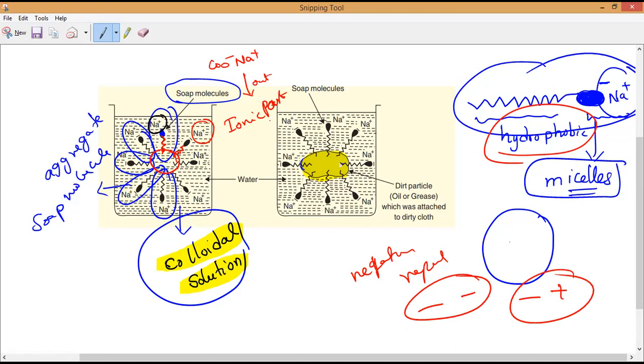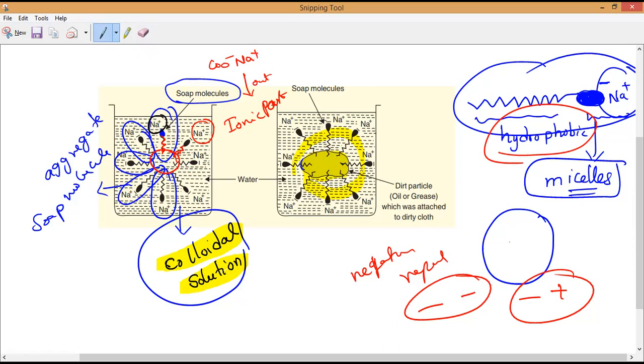Immediately, the hydrocarbon ends of the soap molecules get attracted to the dirt or grease particles and entrap them. They stick to the oil molecules and break them up. That is how the surface of the cloth becomes clean.